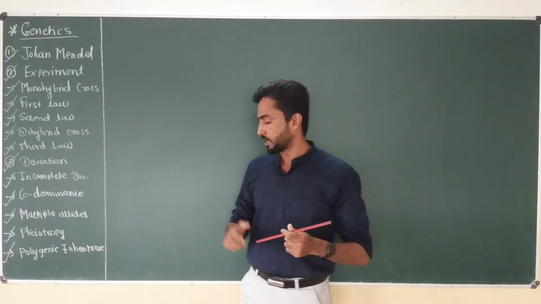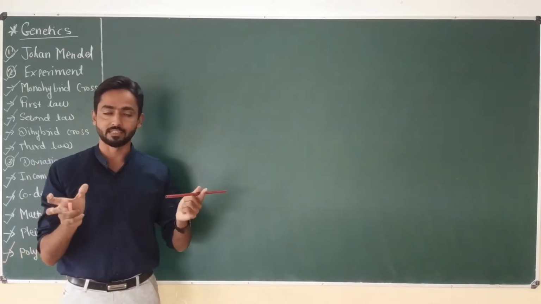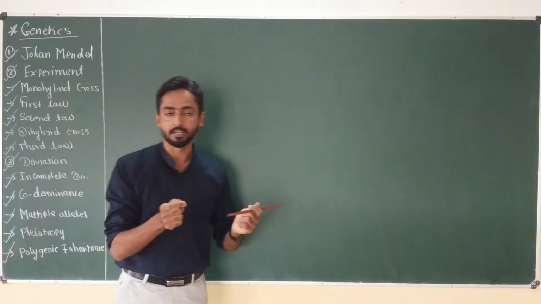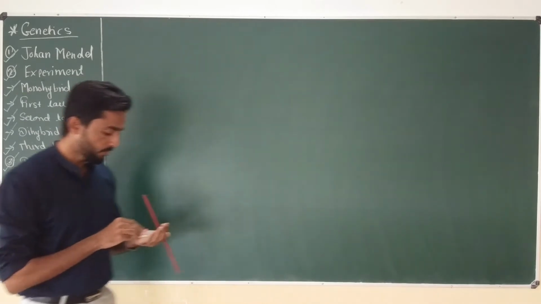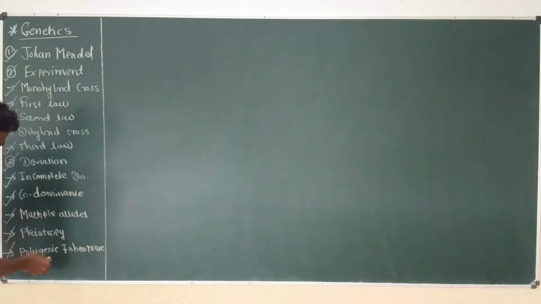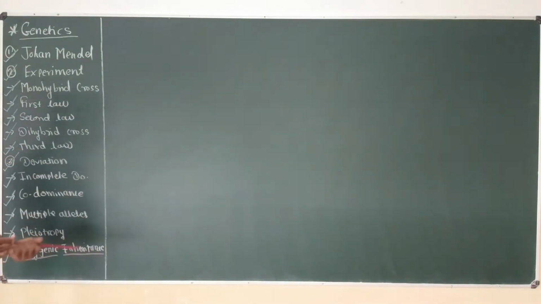So remember that in pleiotropy it is one gene, many characters, while in polygenic inheritance it is many genes, one character. In this video we are going to discuss polygenic inheritance along with different examples.